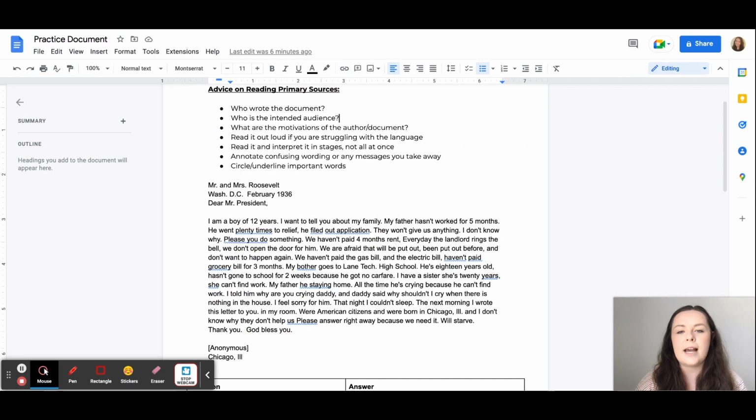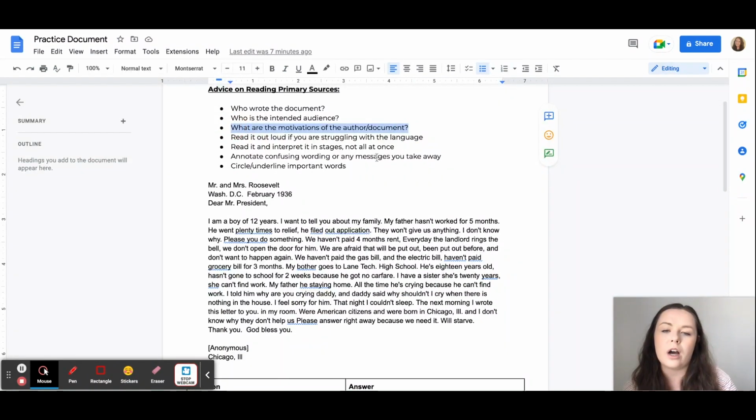Or, in your assignment, you'll be listening to one of the first fireside chats talking about the banking crisis. So FDR is going to want to comfort the American people, right? He's talking to the general audience. That also goes along with the motivations of the author. Is it politically motivated?